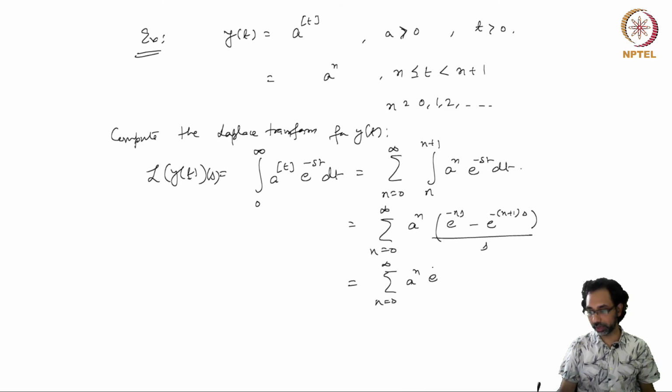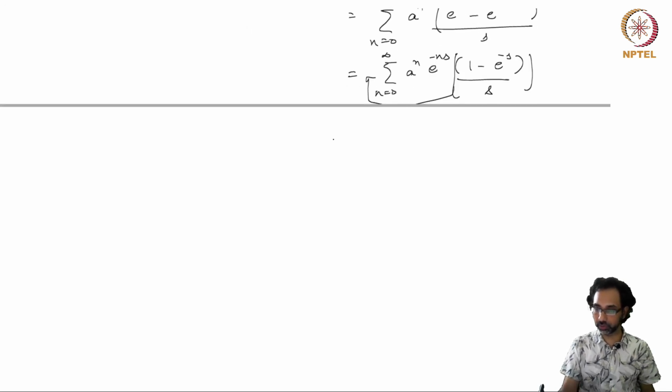If we take e to the power minus ns from both factors, you get 1 minus e to the power minus s over s, and now this factor is independent of n, so it can be taken out of the summation. So this is equal to 1 minus e to the power minus s over s, times the sum n equal to 0 to infinity of (a e to the power minus s) raised to the power n.